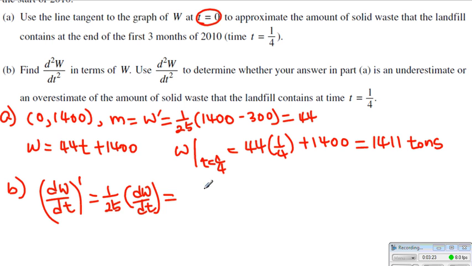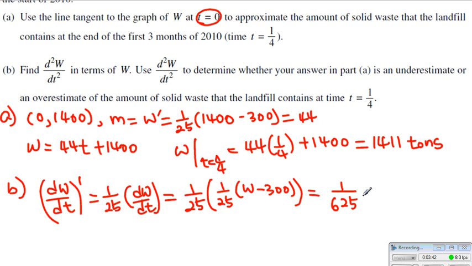This will now be equal to 1/25 times 1/25 times (w minus 300). Then at the end it becomes 1/625 times (w minus 300).